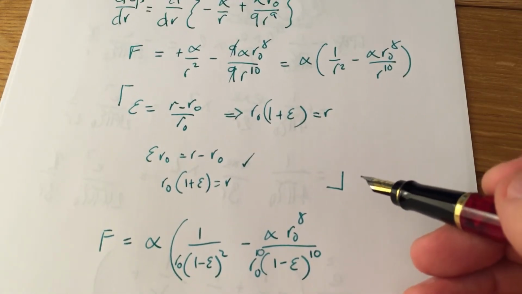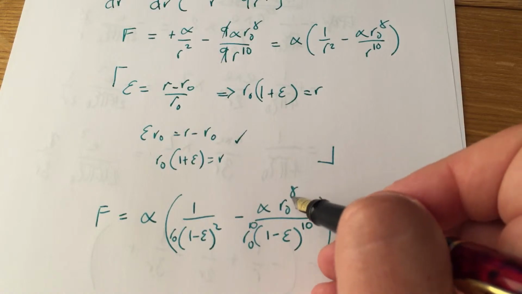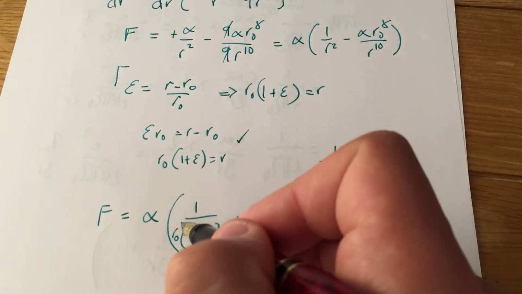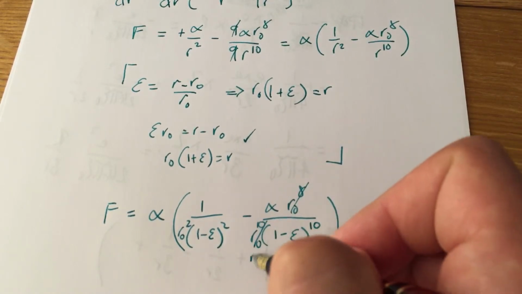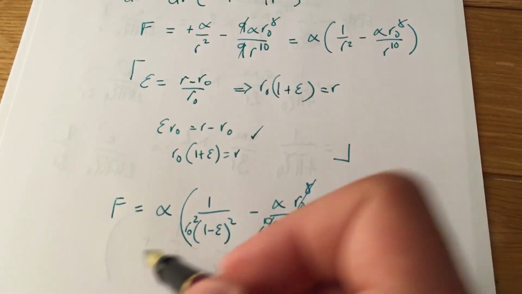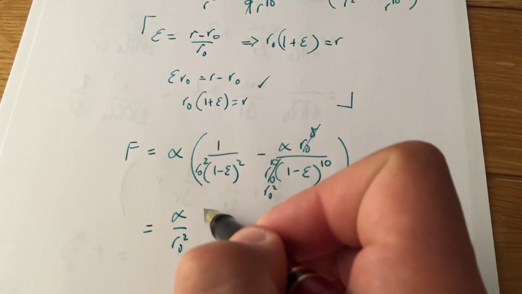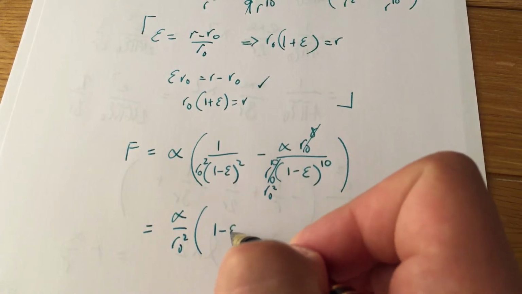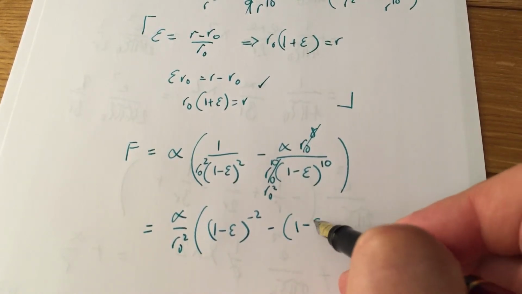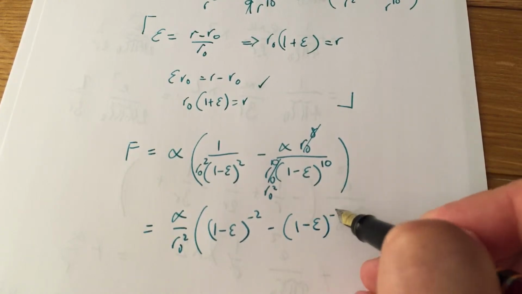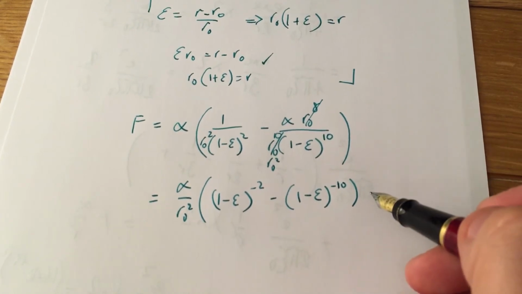Let's just make sure I haven't missed any terms out there. No, that's right. So this can drop with that to give me, oops, I did miss a term there, squared. So that can drop with that to give me r naught to the 2. So suddenly we have alpha over r naught squared, and I have 1 minus eta to the minus 2 minus 1 minus eta to the minus 10. Is that right? Yes, that's right.